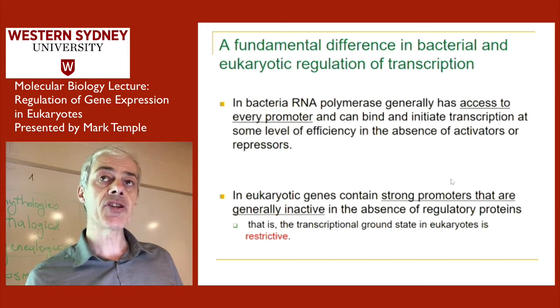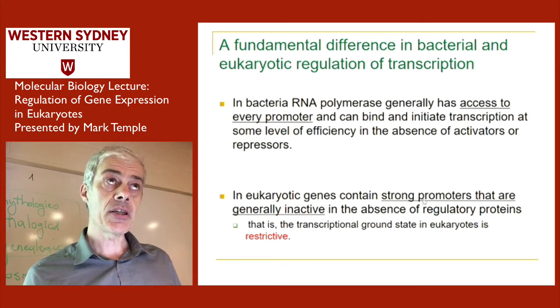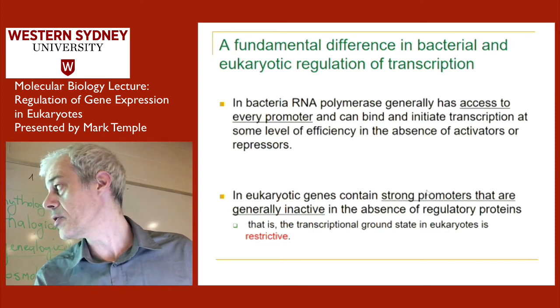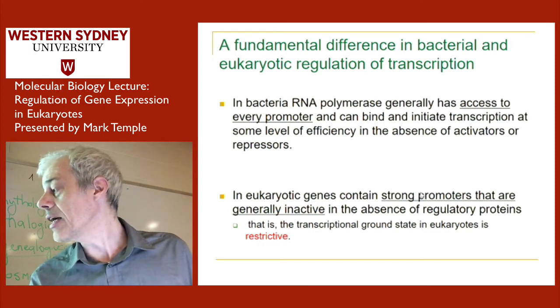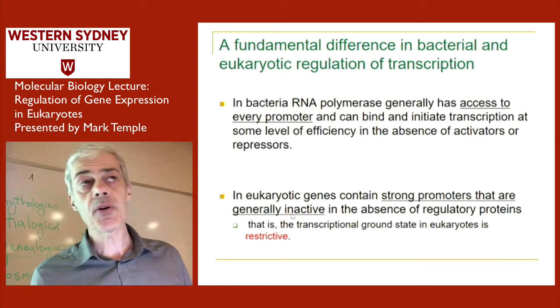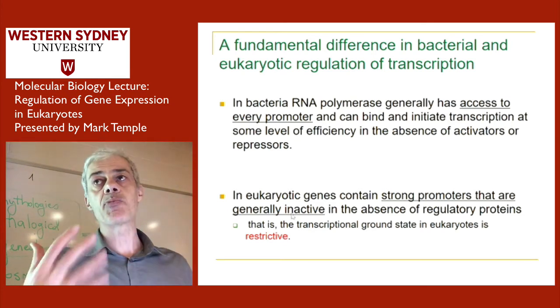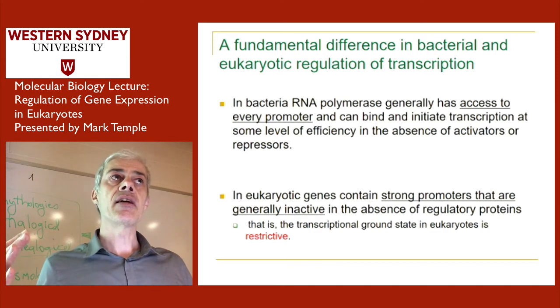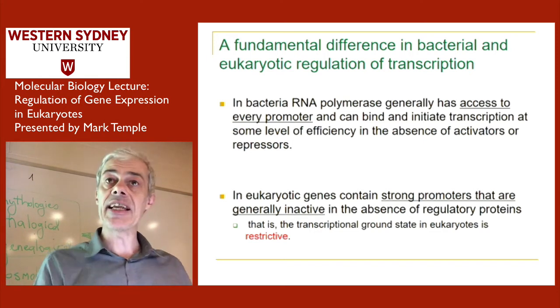When we talk about eukaryotic genes in today's lecture, the promoters are generally stronger, and you can activate gene expression to high levels in eukaryotes. But also the ground state, the general level of expression of genes in eukaryotes, is that they're transcriptionally inactive.